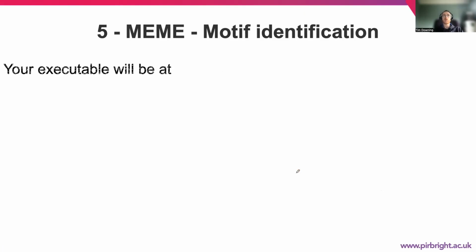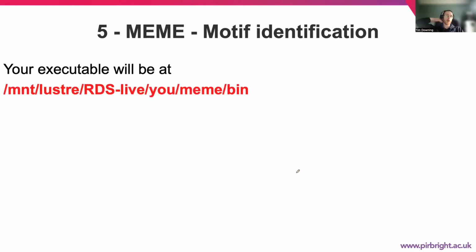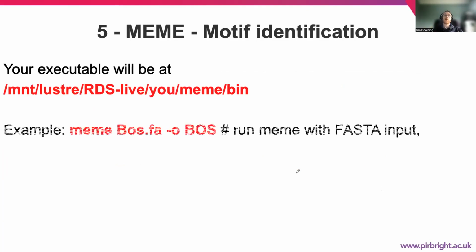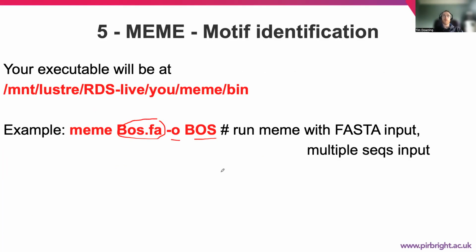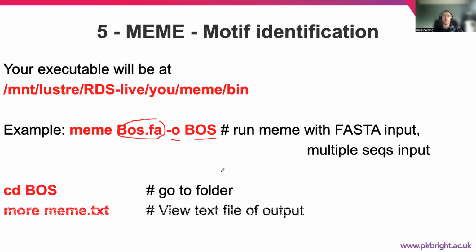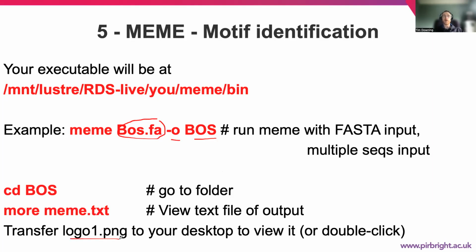We're then going to go to your executables, which are at bin, which will be in your path. From there, you should be able to execute the command meme to look at, say, those BOS sequences we talked about before and send our output to a folder BOS. Then look at that output, at the meme.txt file, for a tabular version of our output, and also look at the PNG file to see the sequence logo that's produced.